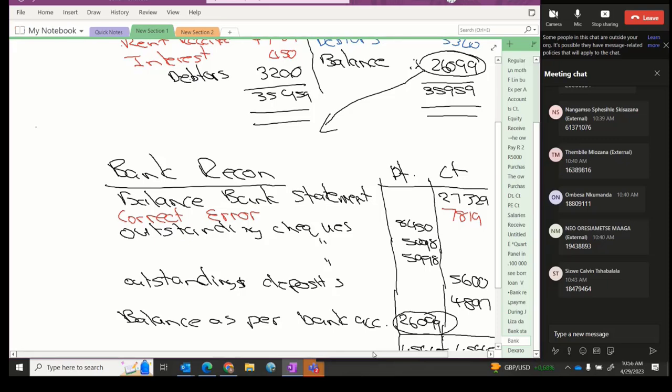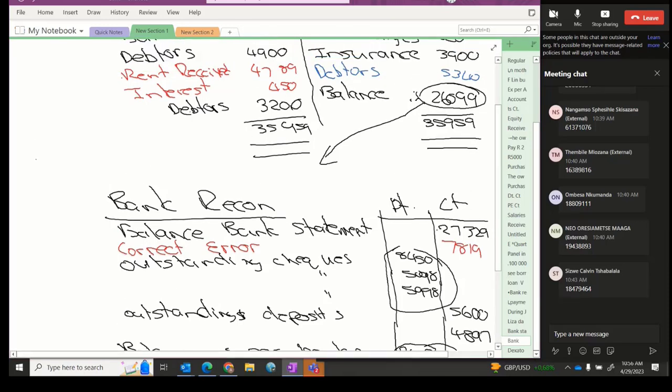Okay, but remember, are you referring now to this? Let me just get my pen there. Are you referring to this 8 for this? Yes. Okay, but remember, it's already in your books. In your books, it's written on this side. Because remember, let me just make it another color.